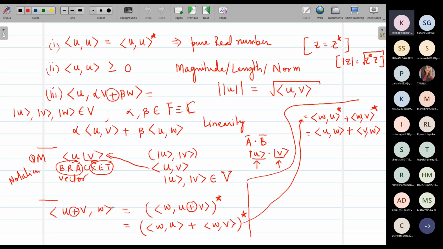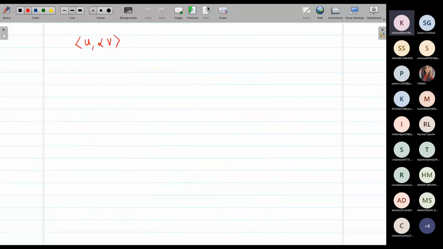That's what we are discussing. With respect to vector addition, you can say that there is nothing wrong. Absolutely. Let's just see with respect to scalar multiplication, can you say the same thing or not? So let's just do that. Okay, so this is what we did. Now, if I do this alpha u comma v, what will be the result of this thing?